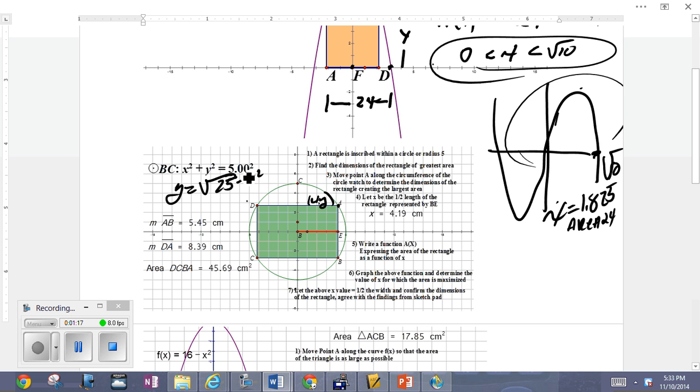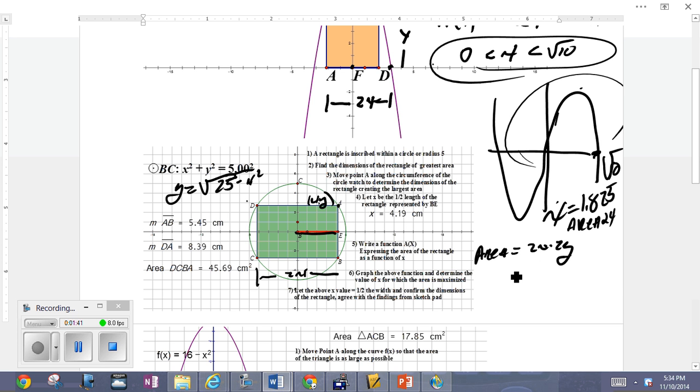The dimensions of this rectangle: this was 2x, because this length was designated x, and 2y. So the area, as you can see, was equal to 2x times 2y. We showed you that.